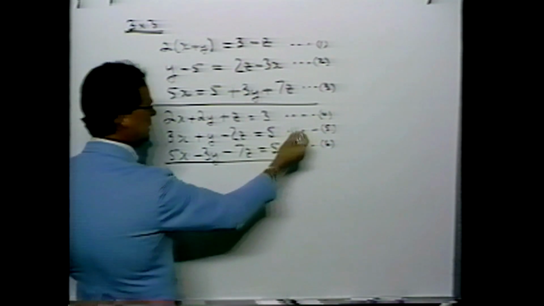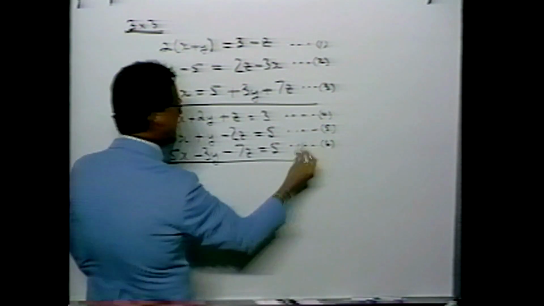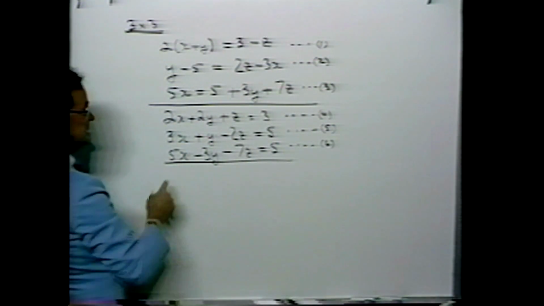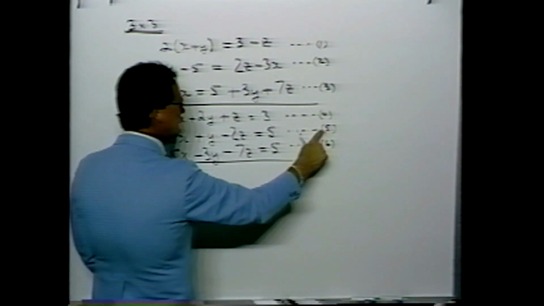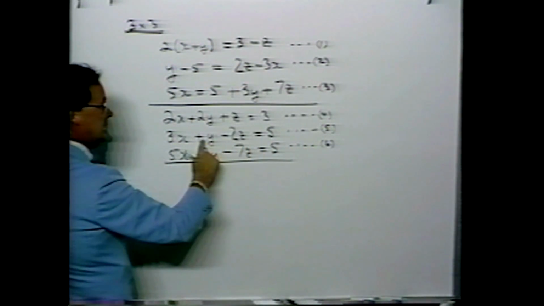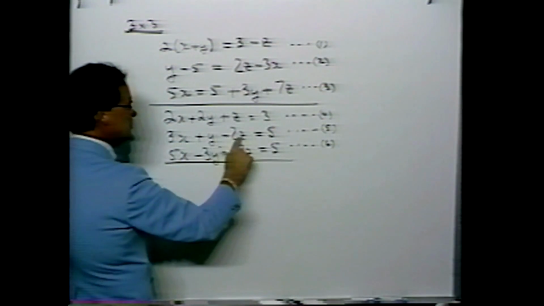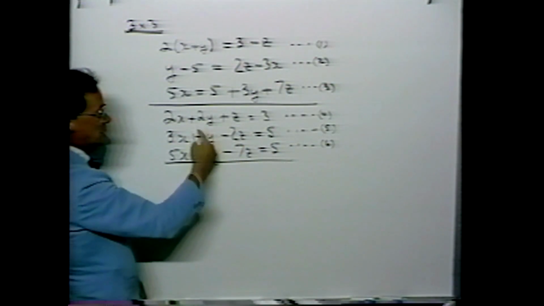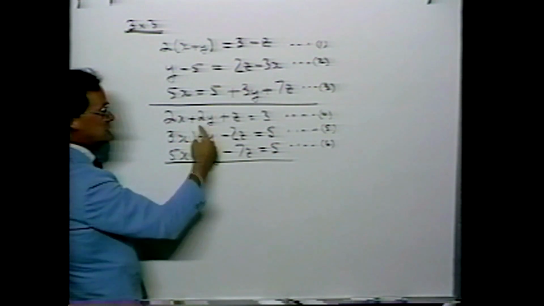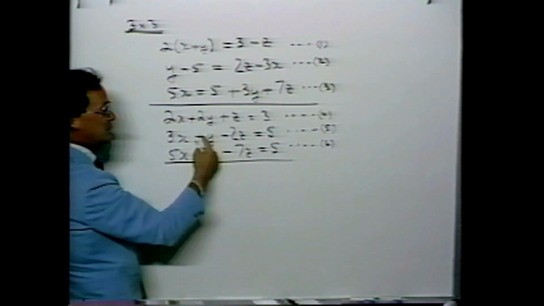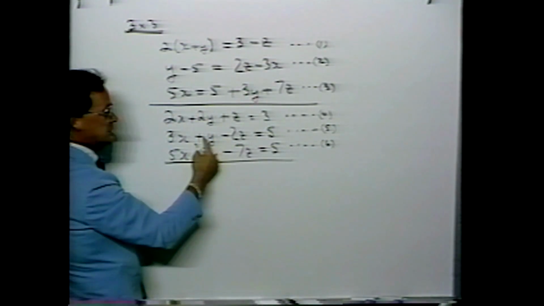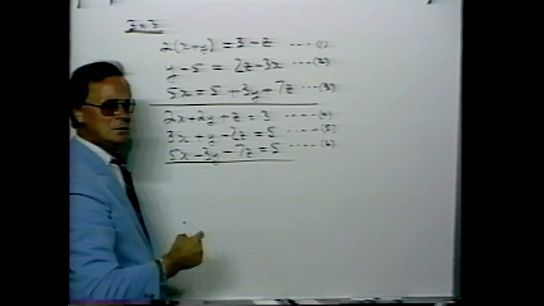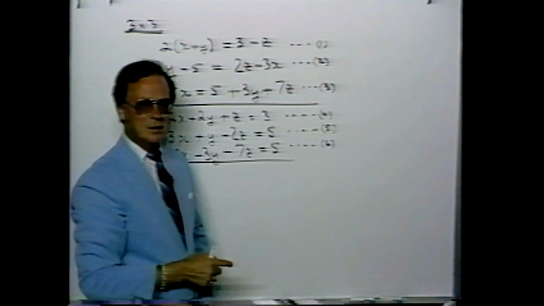If we combine equations 4 and 5 as a pair of equations of the system, and in equation 5 we multiply it by 2, 2 on the left, term by term, 2 on the right, you will notice that the coefficients of those two equations for y will be the same. And if the coefficients are identically the same, subtraction will eliminate that variable.